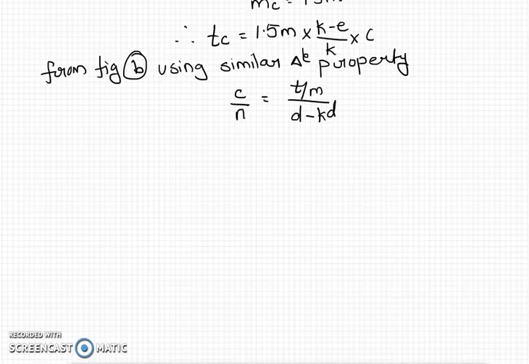Okay. So again I will write C divided by T by M equal to, this N I will substitute it as KD, D minus KD.